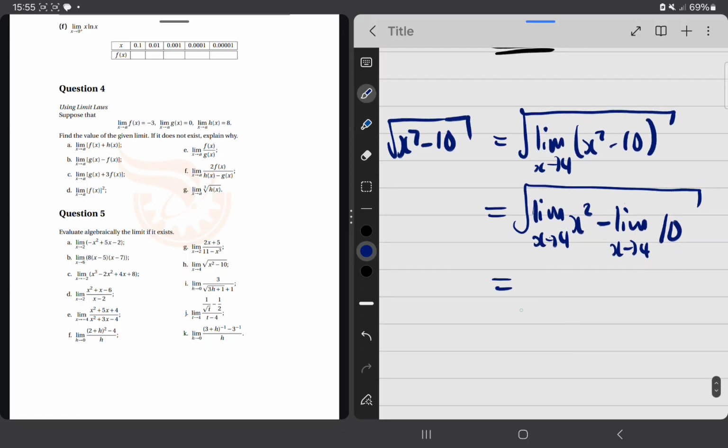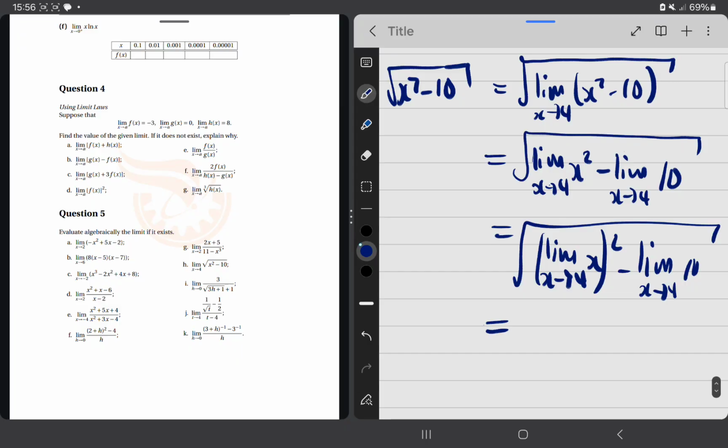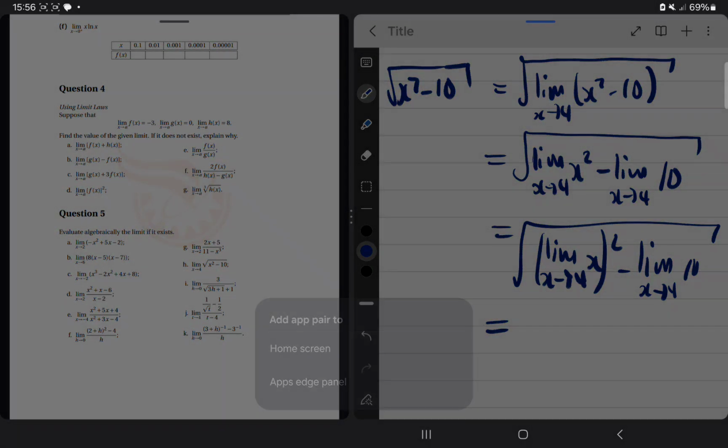You can substitute here or even say this is the limit as x approaches 4 of x, and you square it outside, minus the limit as x approaches 4 of 10. Okay, this is if they give you a long place to do the working.